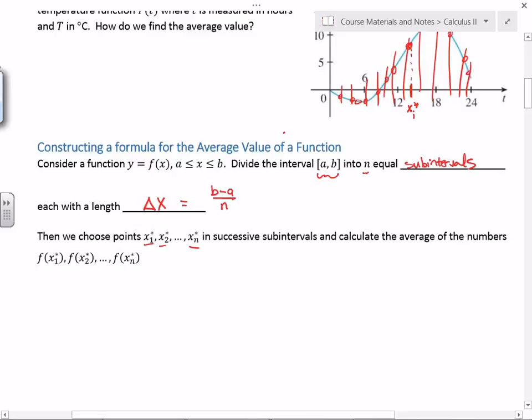Maybe I could draw that a little bit better down here. I'm going from a to b, and I've divided it into subintervals of equal length, and out of each one of these I'm picking any point inside, and I'm calling it x1 star, x2 star, all the way out to xn star.